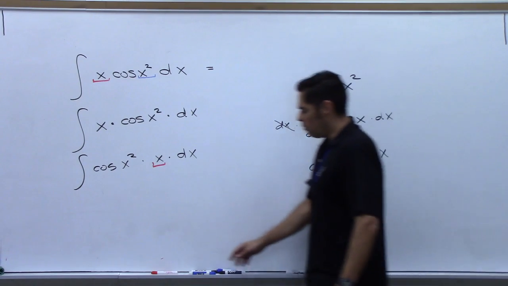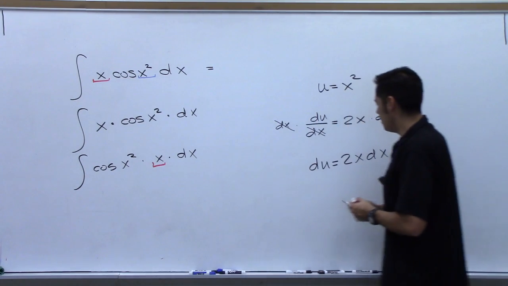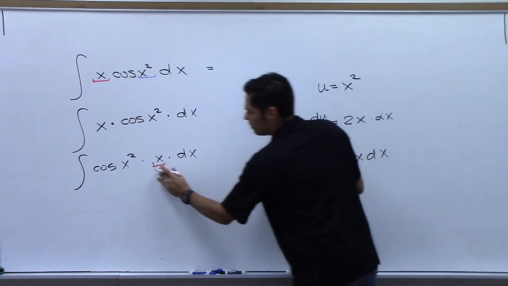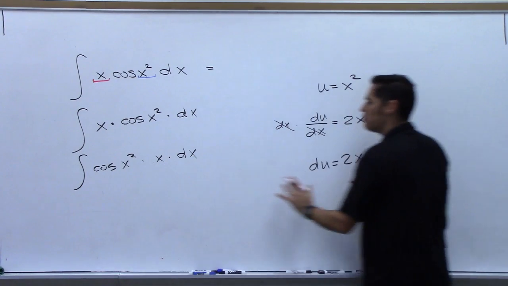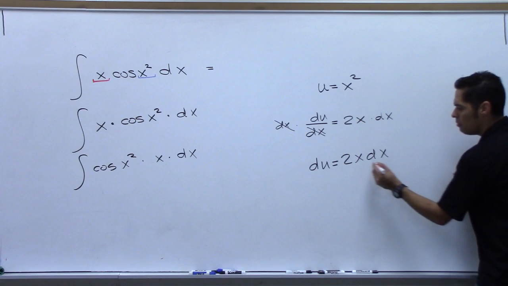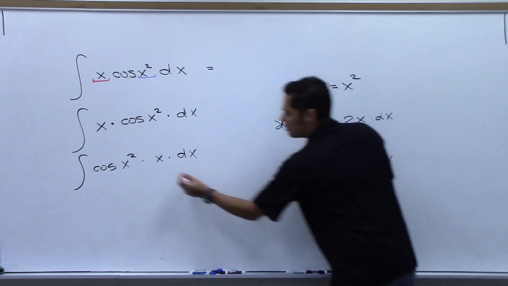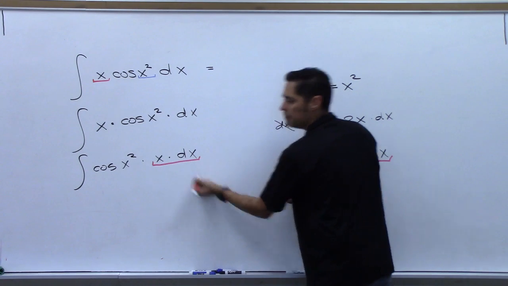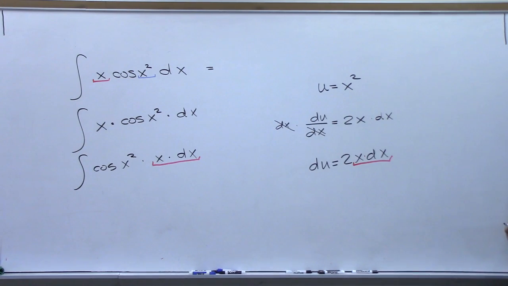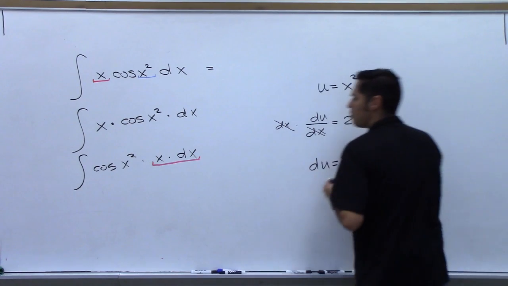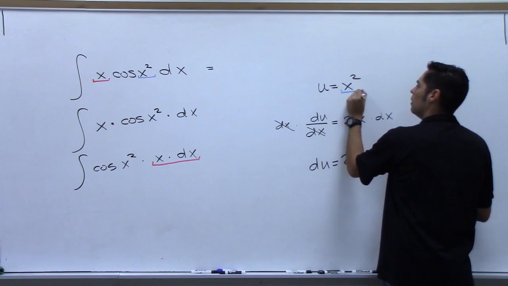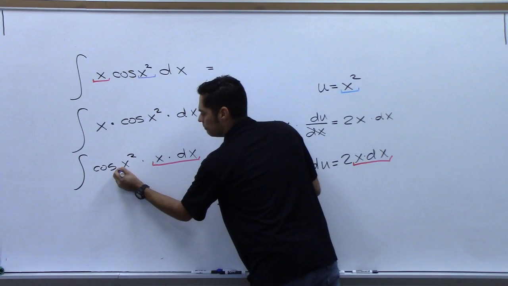Well, what I'm trying to get is something over here to match with something over here. So do you see this x dx right there? That's multiplication. It matches exactly with this x dx right here. And this x squared is right here.